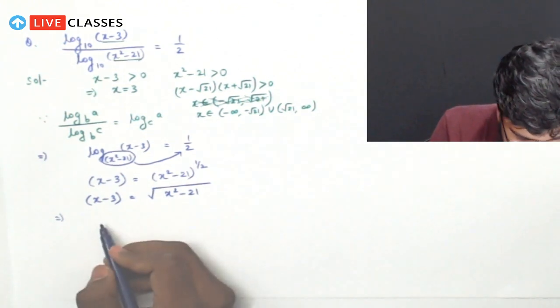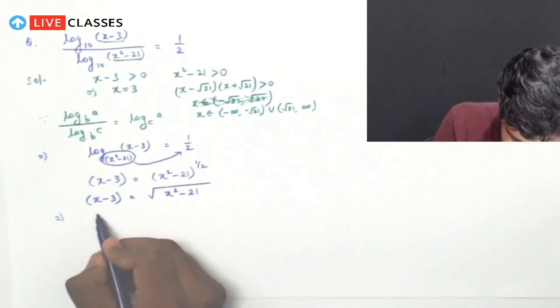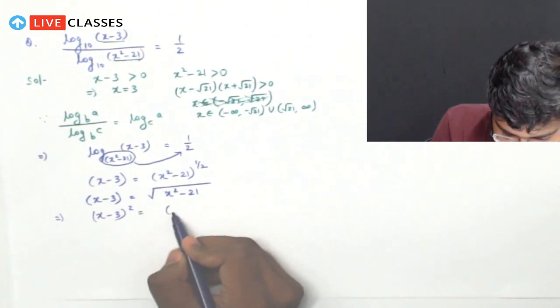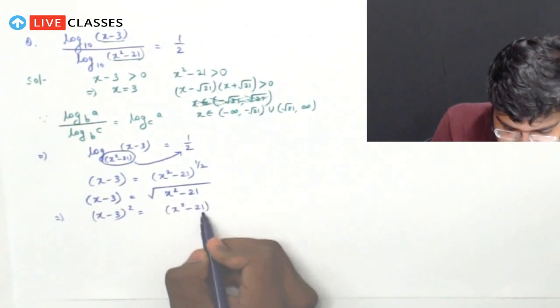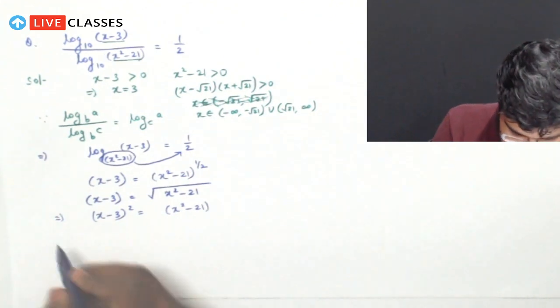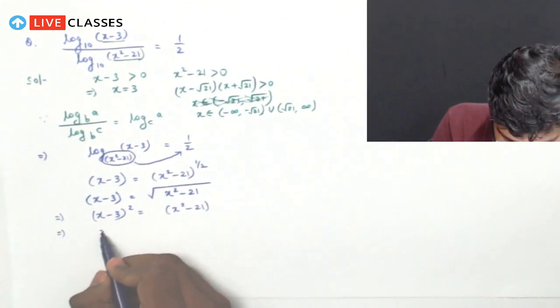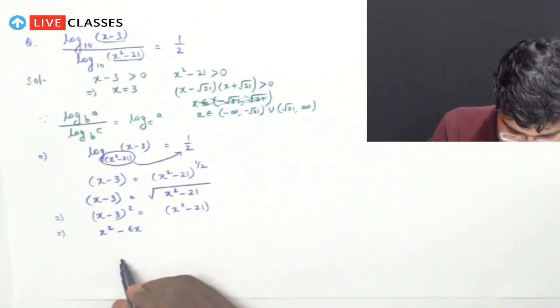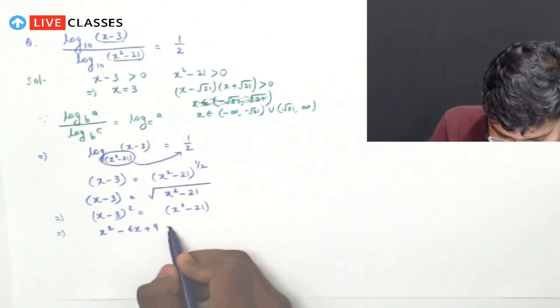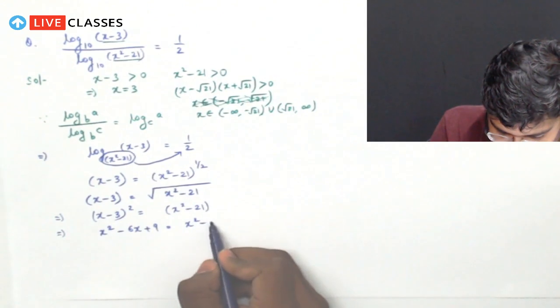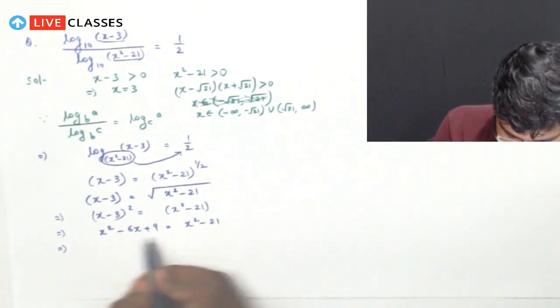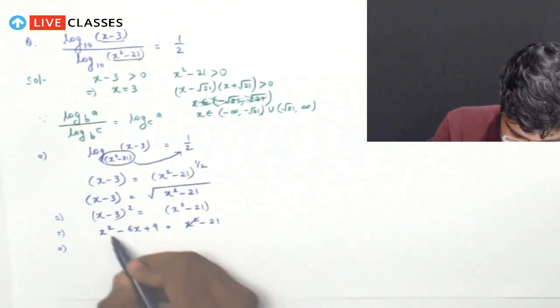So now we can say that x minus 3 whole square will be equal to x square minus 21 upon squaring both sides, and upon simplification you can see that x square minus 6x plus 9 is equal to x square minus 21. The x square and x square you can simply cancel.